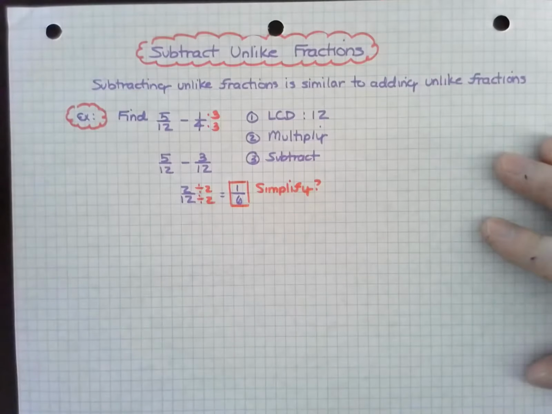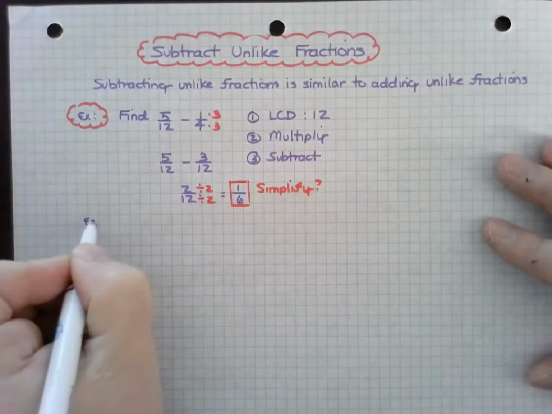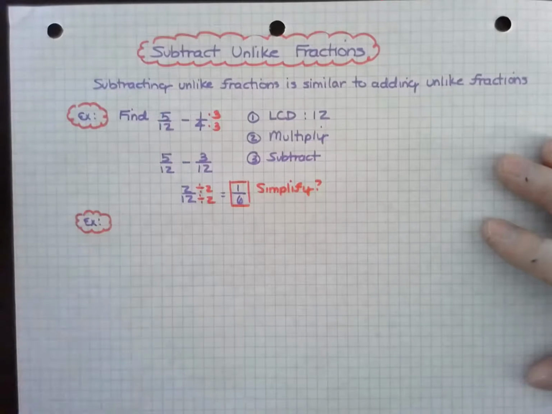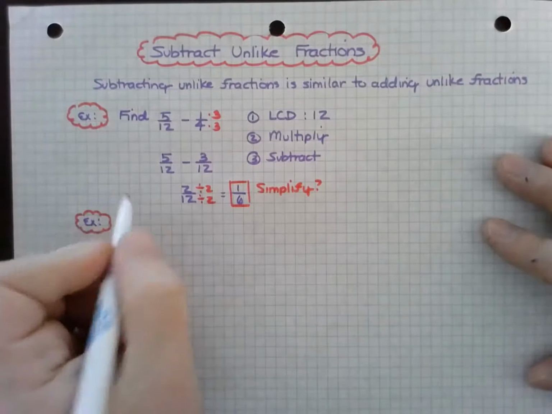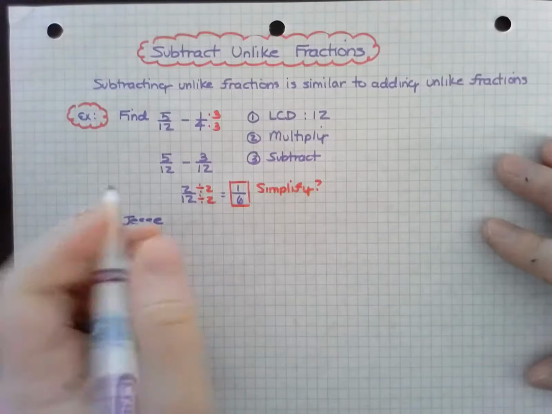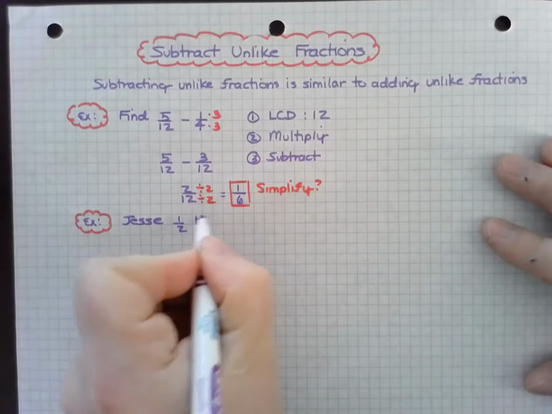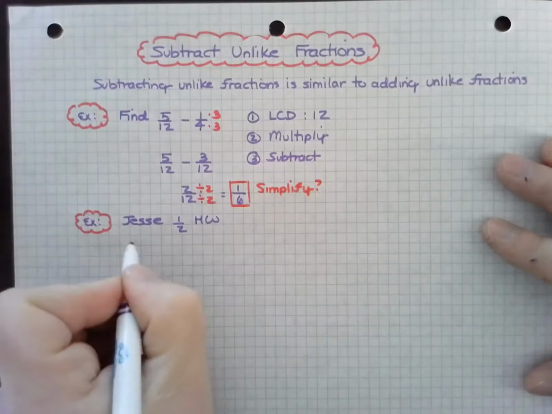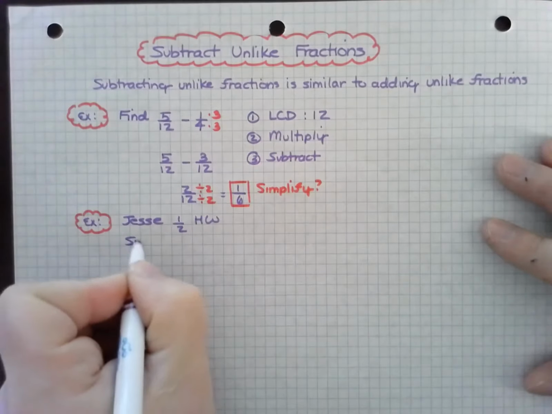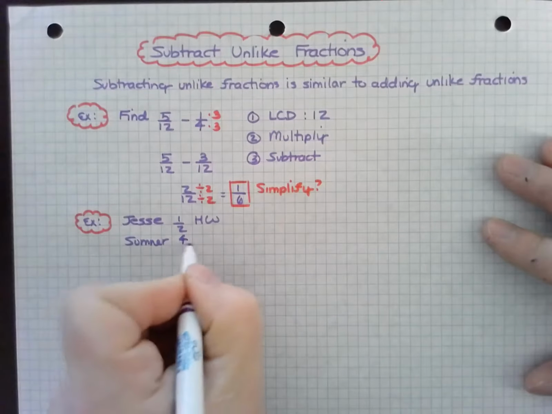So let's look at one more example. Say Jessie finished half of her homework. But Sumner finished 4/5 of his homework.